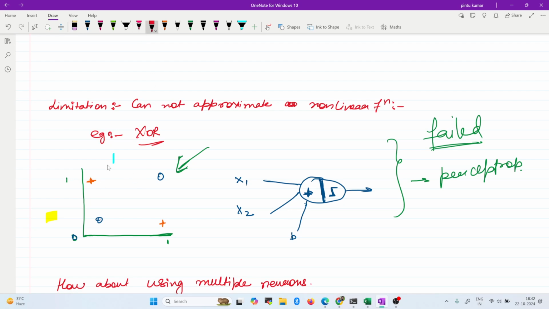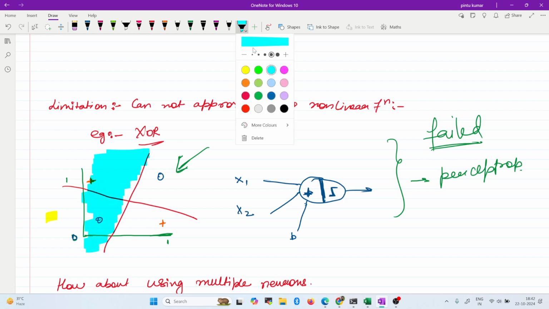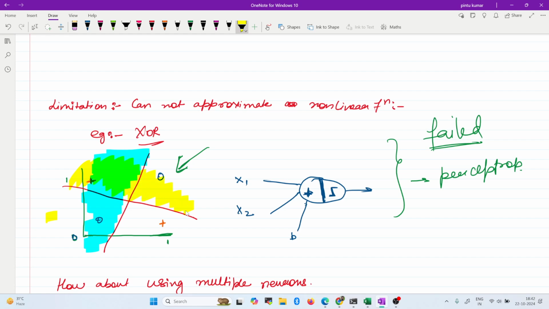We draw a line like this. Now I think it's fine. So this is the positive part of this line. This is the positive patterns.